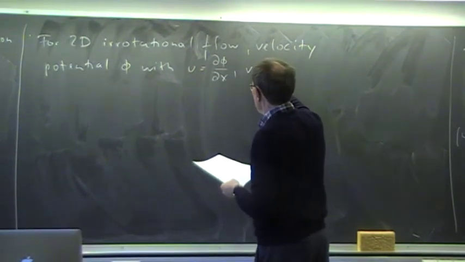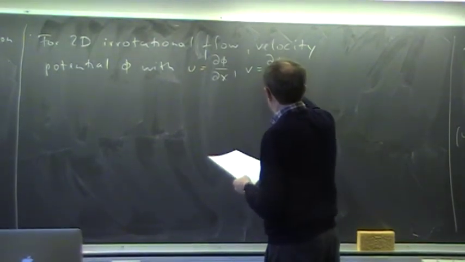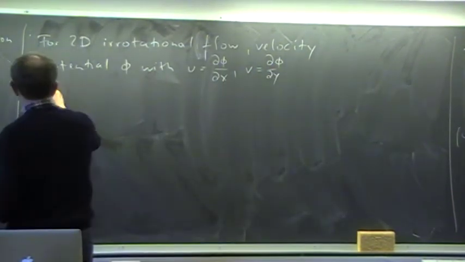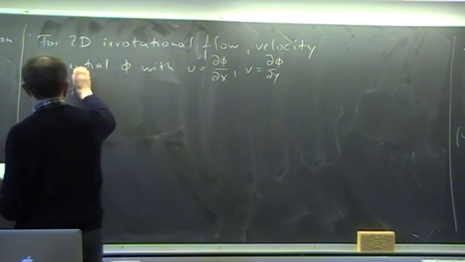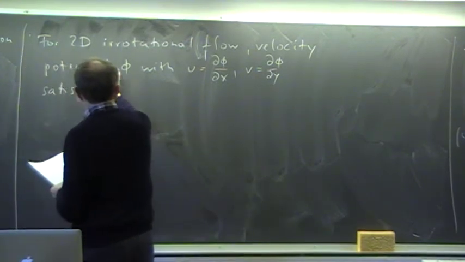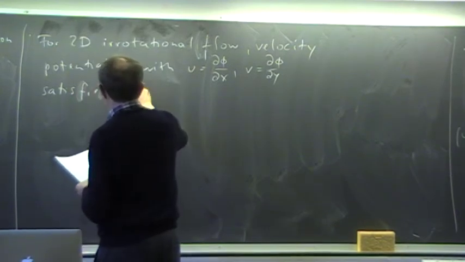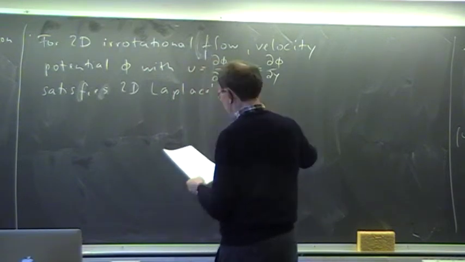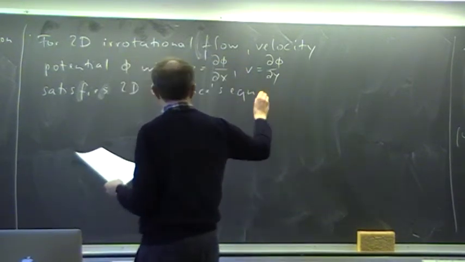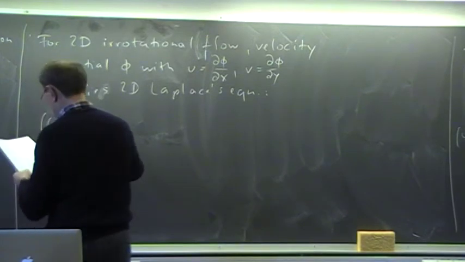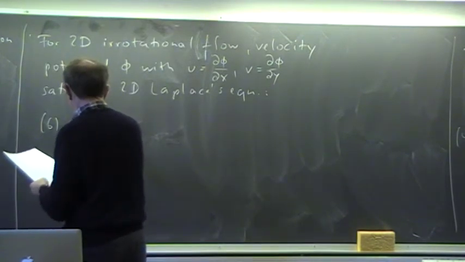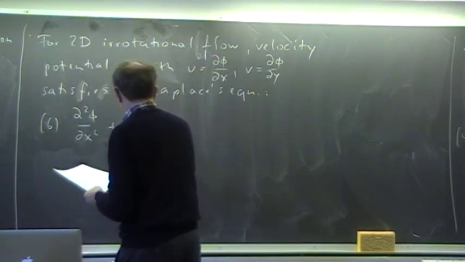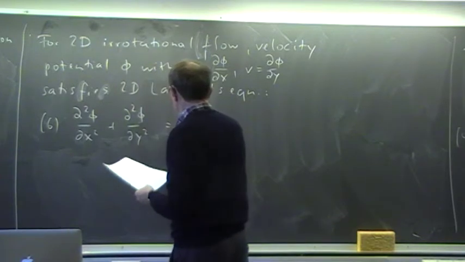So in 2D we can write it in this form. That again satisfies the 2D Laplace's equation, which is d squared phi dx squared plus d squared phi dy squared is equal to 0.